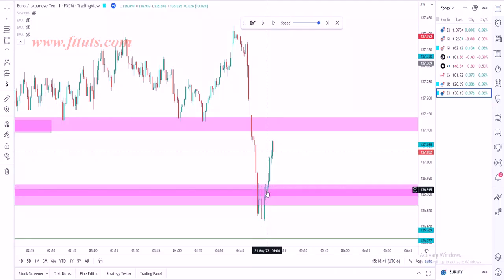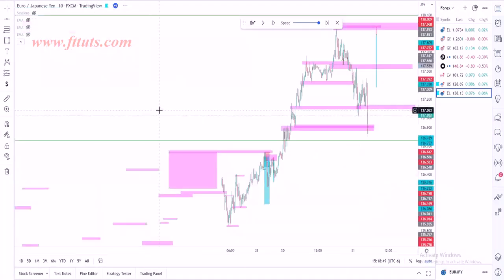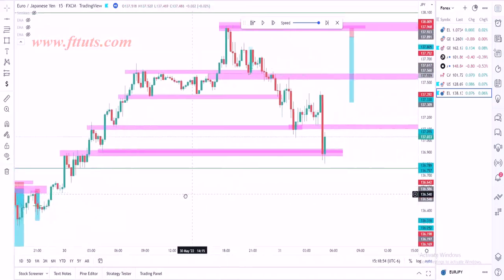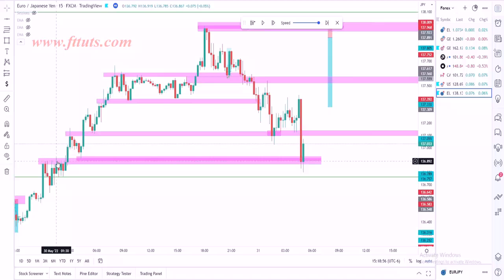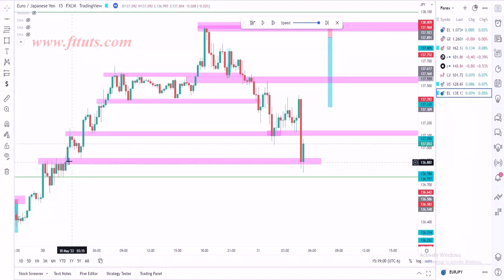So with this one, you could have taken the trade, but you just want to keep in mind, now looking at this trade, let me see where the wick is. Actually, let's go to the 15. Oh, yeah, okay.